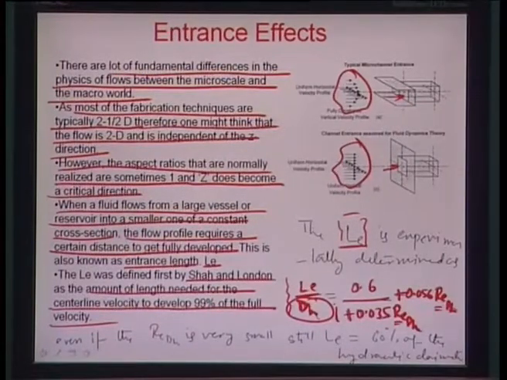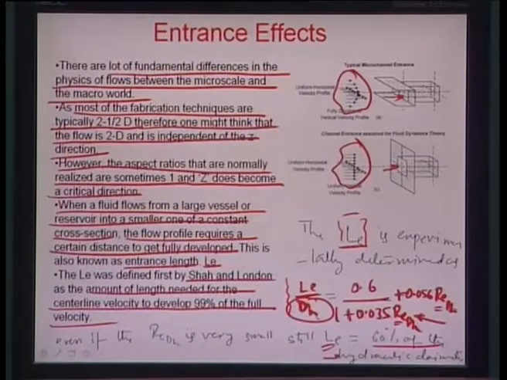So typically LE is normally about 60% of the hydraulic diameter in case the Reynolds number is low, because then the 0.6 is prominent over the 0.035 Re or 0.056 Re terms. However, in cases where the Reynolds number becomes a little bigger, the entrance length effects are felt more appropriately.